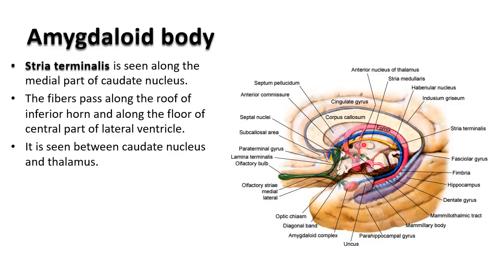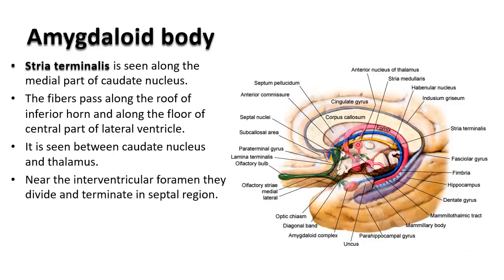This relation I already told you. Near the interventricular foramen, the Stria Terminalis divides and some fibers terminate in the septal region. So the septal nuclei you are able to see in the septal region, there they go and terminate.